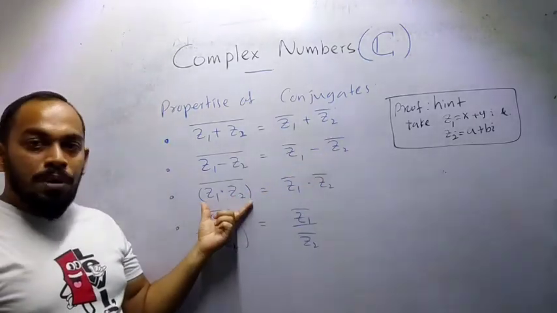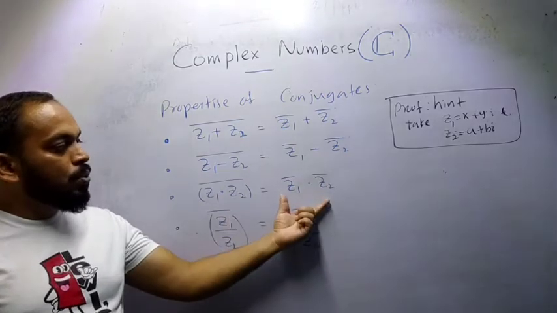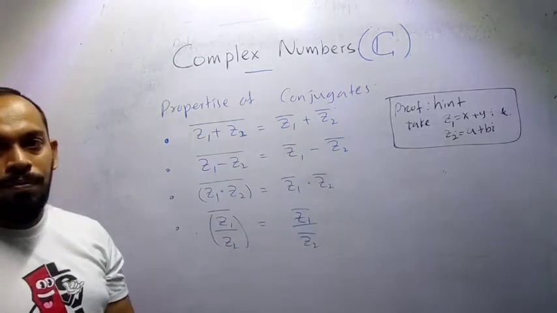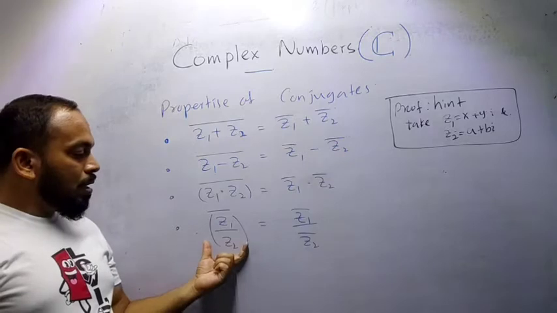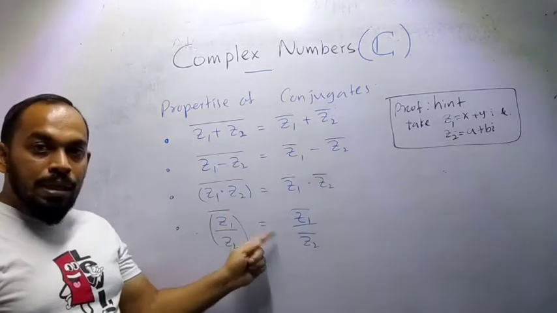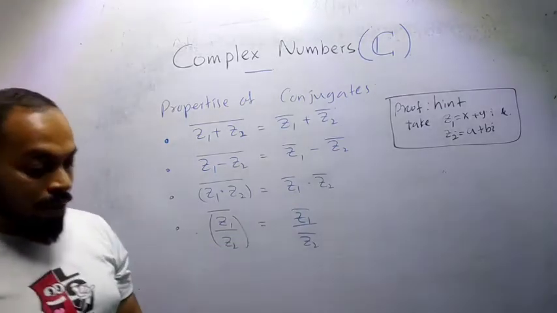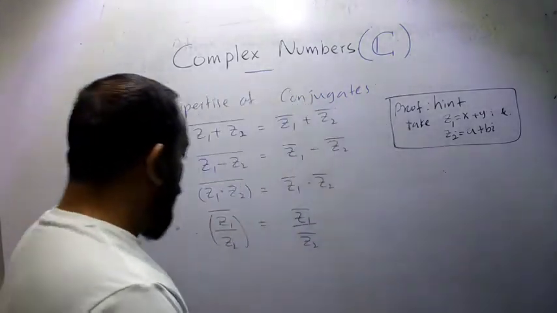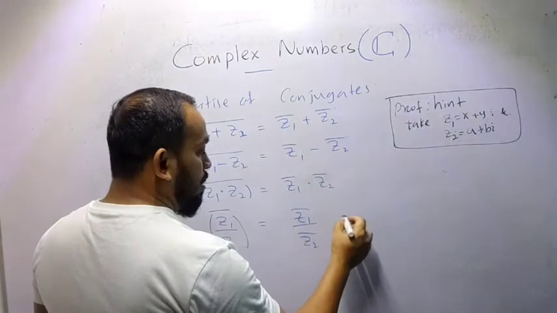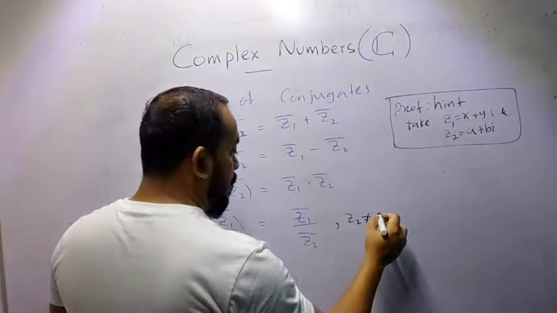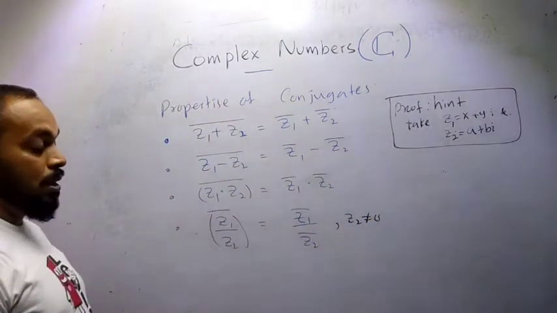Then the conjugate of a product is equal to the product of the conjugates. The conjugate of a quotient is equal to the quotient of each conjugate. Here you should know that z2 is not equal to 0.